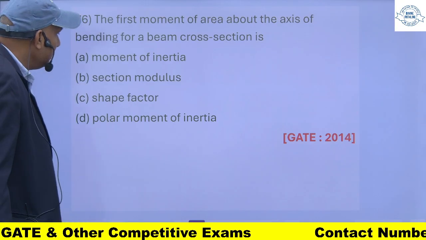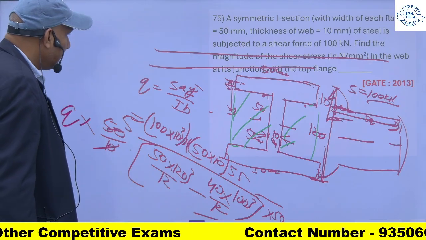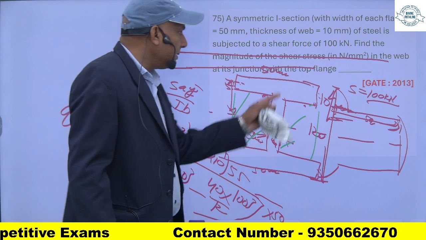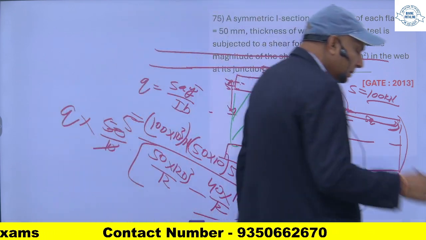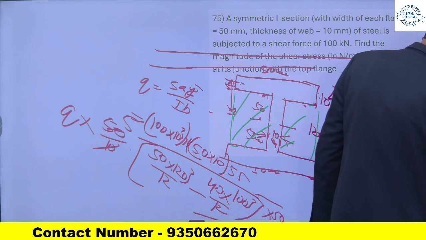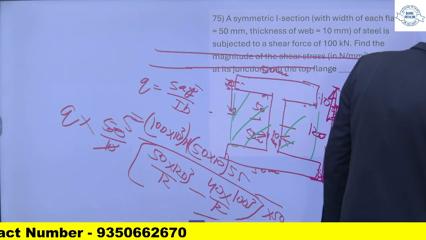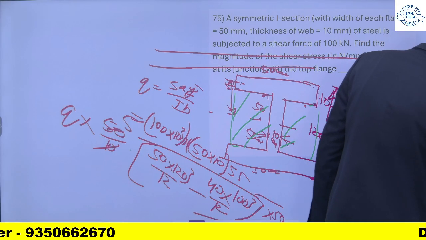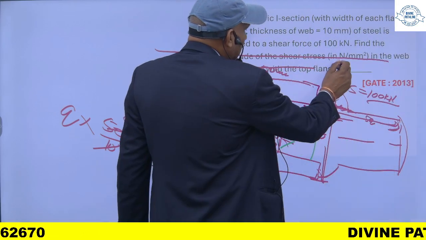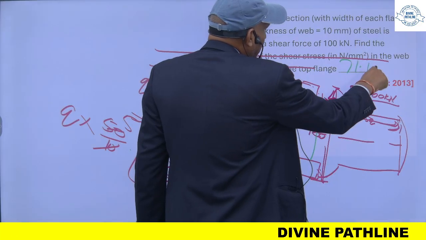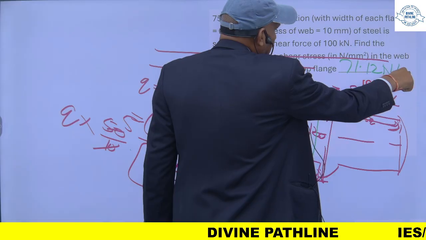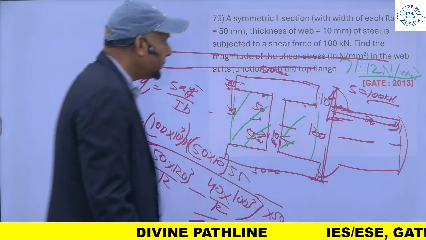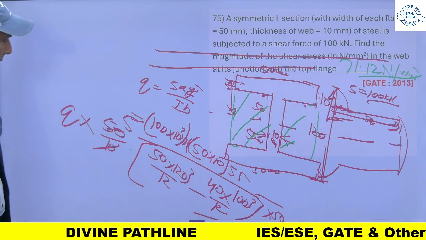So I will get the answer, and the shear stress at the junction will be 71.12 Newton per mm square. You will get 71.12.